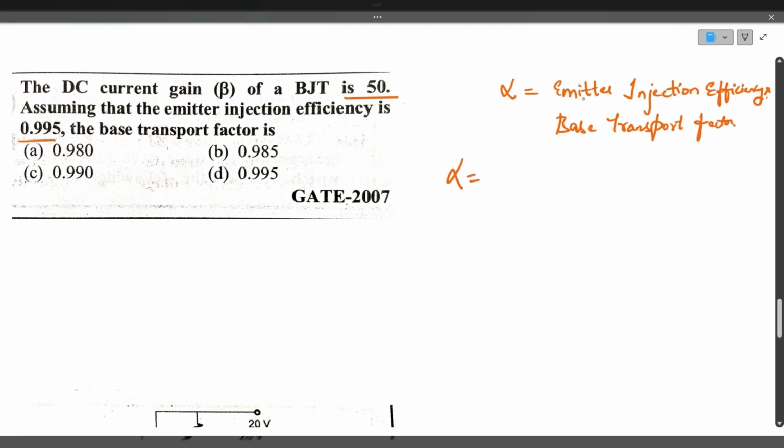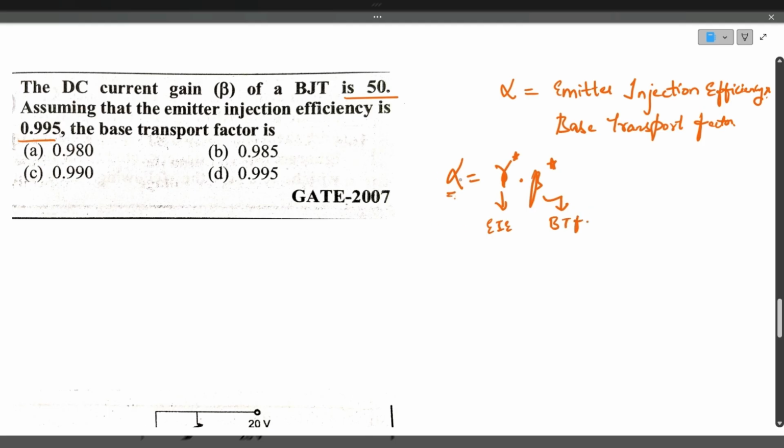So alpha is nothing but emitter injection efficiency, that is gamma, times beta star. This is not the current gains of common emitter and common collector. This is the emitter injection efficiency. This is the base transportation factor. Okay, there is a difference.